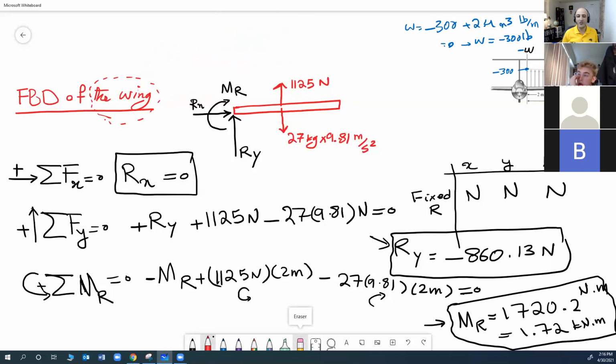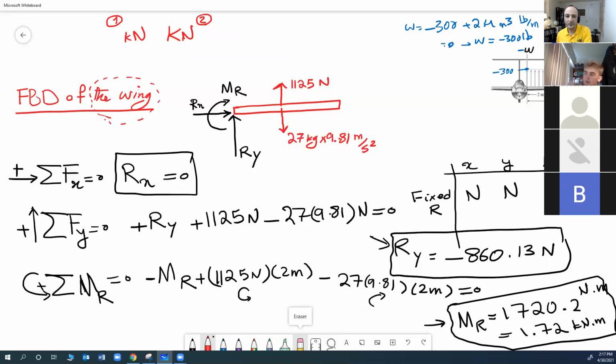Is this kilonewton or is this kilonewton? Is it 1 or is it 2? 1. Okay. So you've got to pay attention. Kilo as a prefix is a small k. The reason I'm saying this is because I've seen people doing this in this class. What is the problem with this? What if I write it like this? What does that mean?